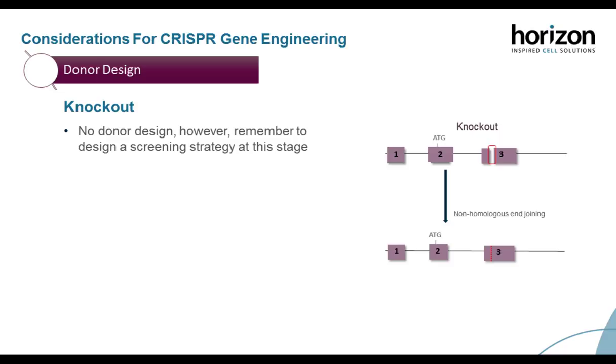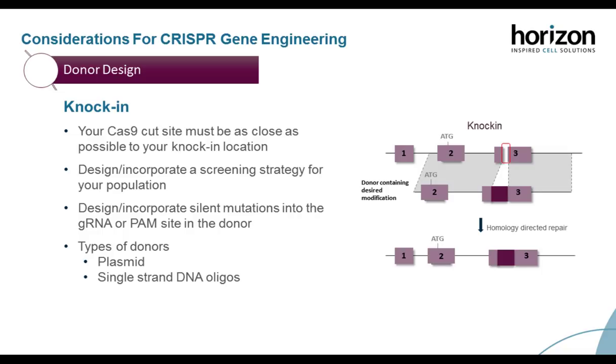So incorporating this, or thinking about this screening strategy at this stage, is going to be really well-deserved time, because it will really help you quickly identify the clones that you will be enriching for and screening for later on. And I'll have examples of different screenings where it is very clear that a robust strategy was required to make sure that we did get that cell line in the end.